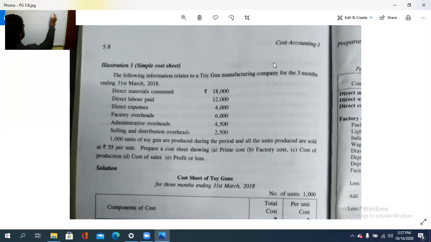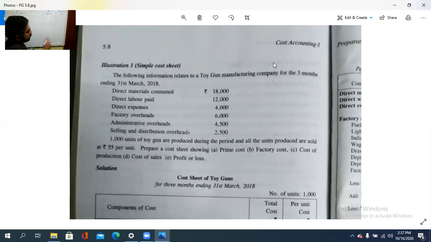Here and this way. This is the per unit. How much? 1000 per unit, isn't it? The question has come under. This is the total cost amount. Then this is the particulars. Firstly, direct materials consumed. How much is it? 18,000. There is no item to adjust, so we need to put it here. 18,000.